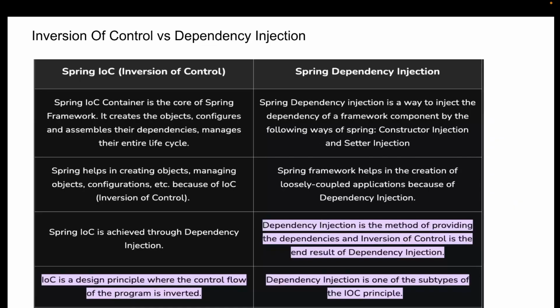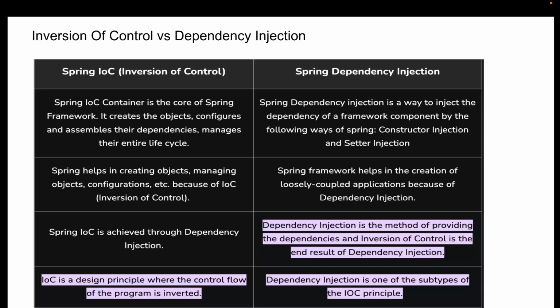So we have already talked about inversion of control and dependency injection. So let's see the differences. What is inversion of control and dependency injection? So Spring IOC container is the core of Spring framework. It creates the objects, configures and assembles their dependencies, manages their entire life cycle.